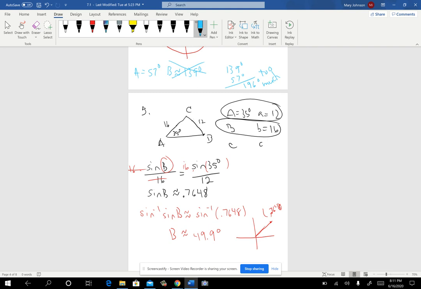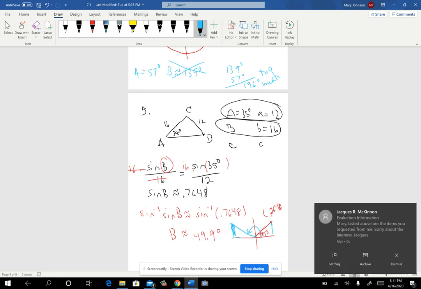What you have to realize is that here's an angle over here that has the same y coordinate. Well, these would be the same, so this sine would also be 0.7648. So you need to know not just the 49.9 degrees right here, but you need to check whether this angle would also work.